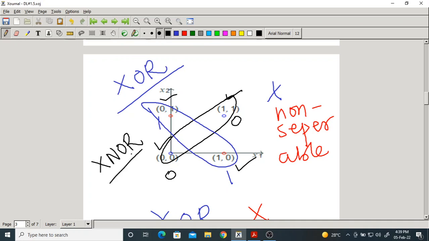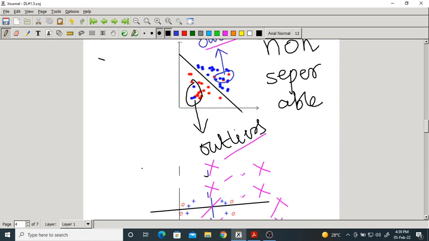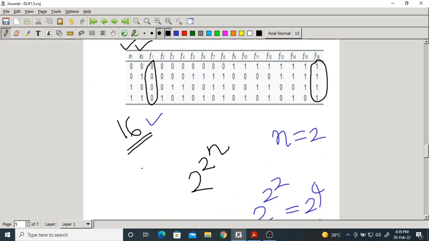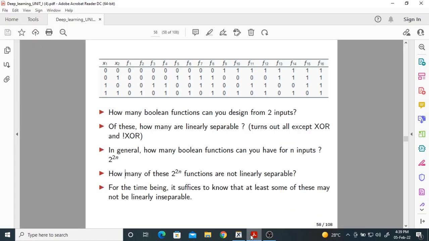These two are not linearly separable in the case of two inputs. Except these two, the remaining 14 are linearly separable.